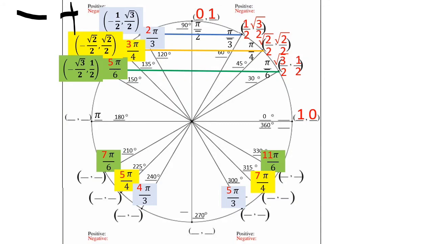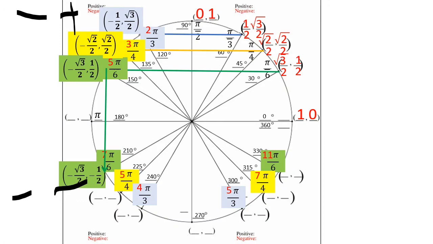All right. Now we're going to continue going down and across. So let's see what we have next. We have the pi over 6. We go down. Now that we're in the third quadrant, we are to the left of the y-axis and below the x-axis. Both coordinates are going to be negative. So we have a negative x coordinate and a negative y coordinate.